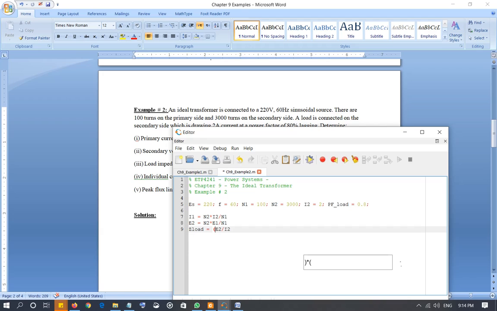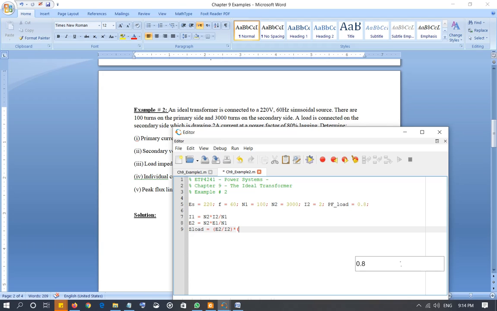Alright, so rectangular form is going to be magnitude times cosine of the phase, and cosine of the angle is 0.8, plus j times sine of the angle of impedance.